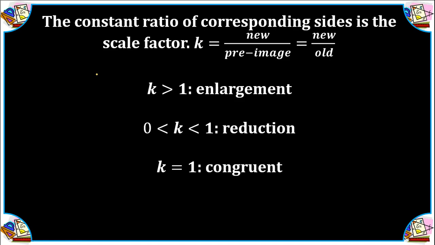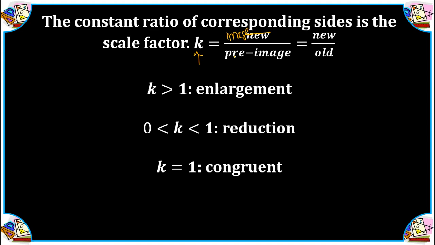Let's talk about our constant ratio. This is our scale factor. Remember, scale factor, we use the variable K, and it's the new length compared to the previous length. So we have our new image, and I'm going to write the word image here.